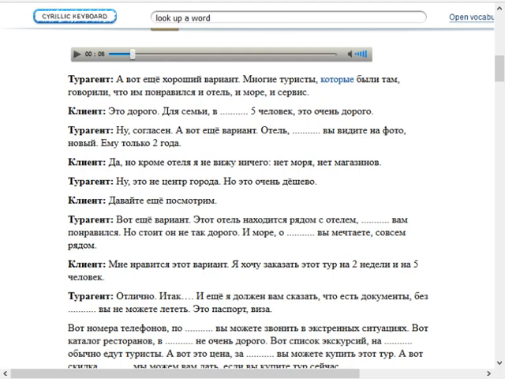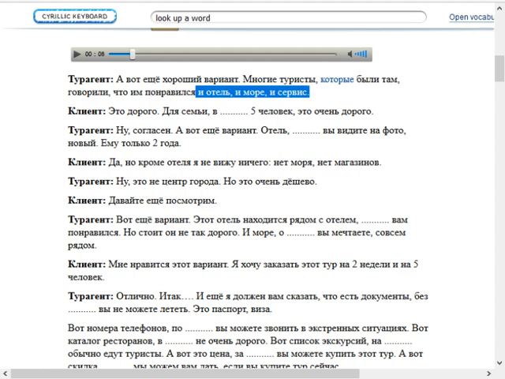Говорили, say, что им понравился. So, что is also kind of a relative word, or a conjunction which basically means that. The tourists say that, и then им понравился. Again, this is basically a way of saying they liked it. Literally, to them it was pleasing, or to them it was pleasant. And then и отель, и море, и сервис.